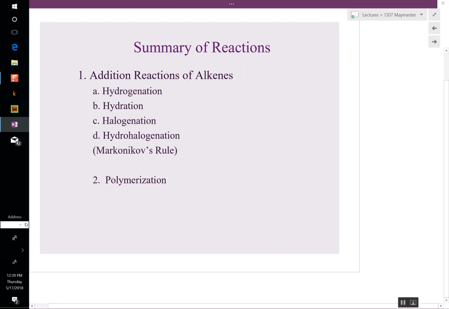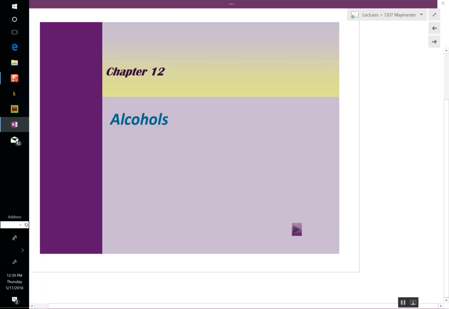Oh, I thought there was a slide here that summarized the reactions at the end of the chapter. I'll see if at the end of chapter 12 we have that. Now we're going into alcohols, chapter 12. Okay.